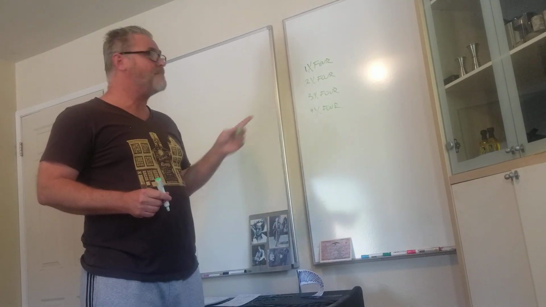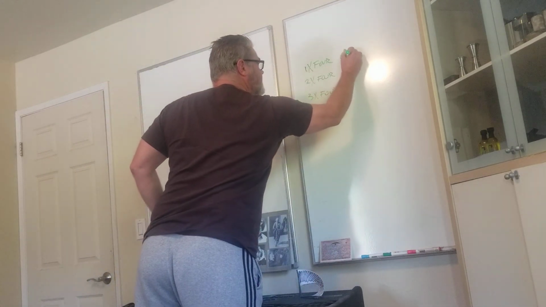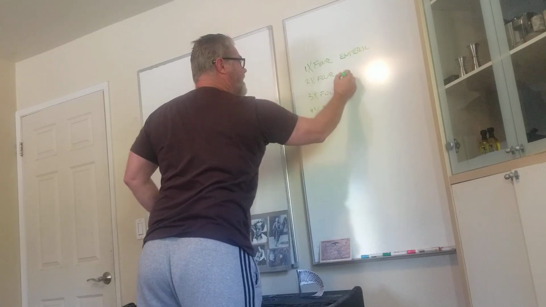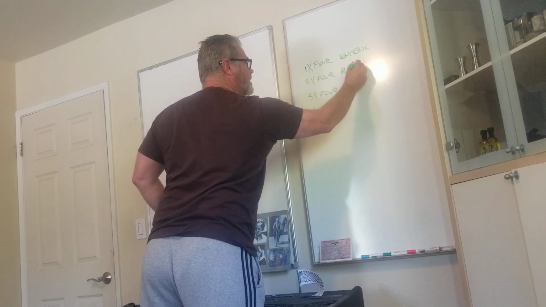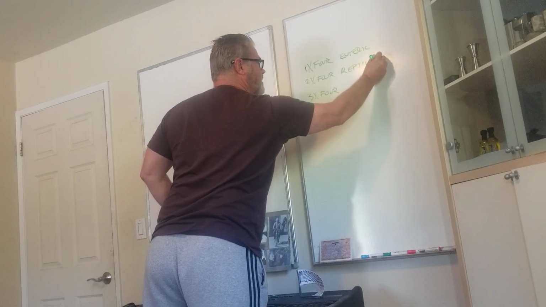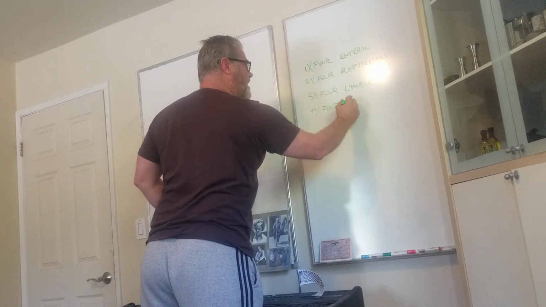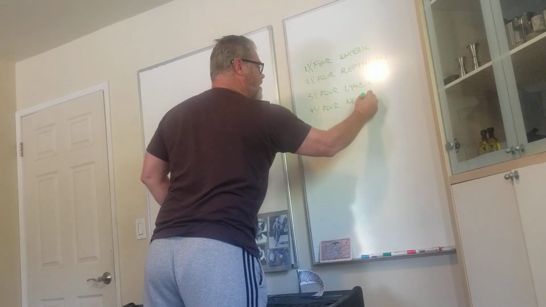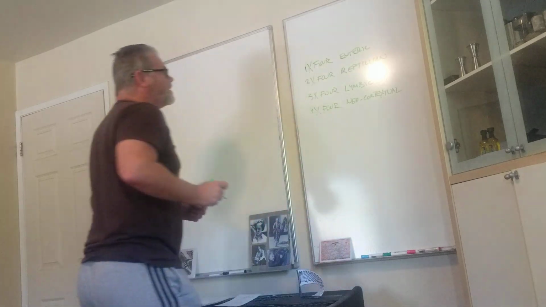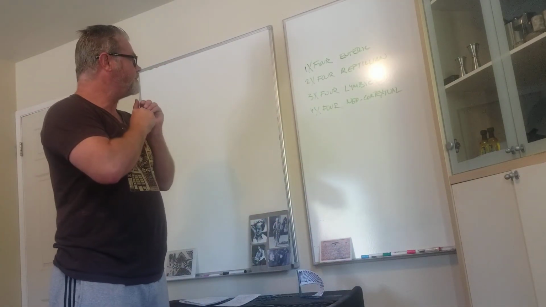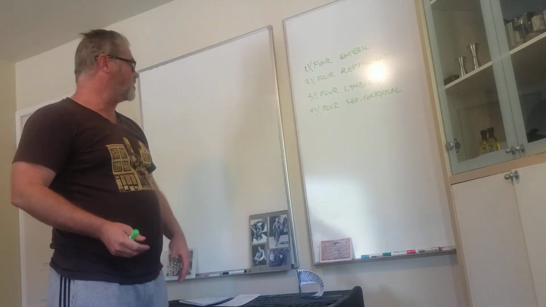I call 1 by 4 enteric. 2 by 4 is reptilian. 3 by 4 is limbic. And 4 by 4 is neocortical. Those are the levels, and this is what I am attempting to build.